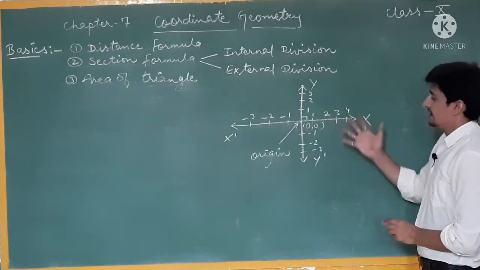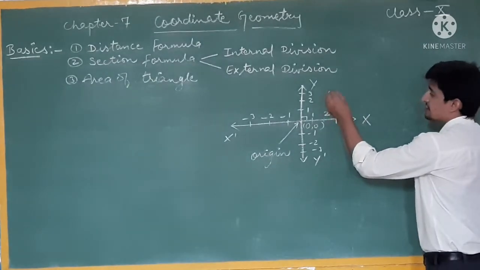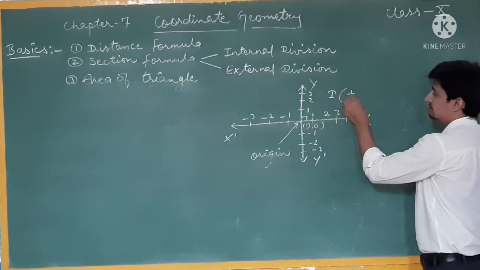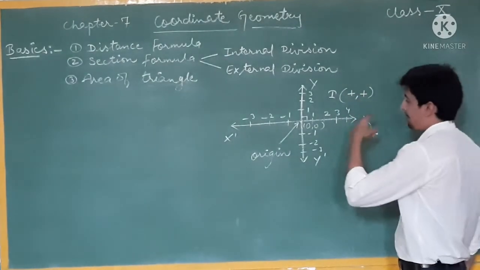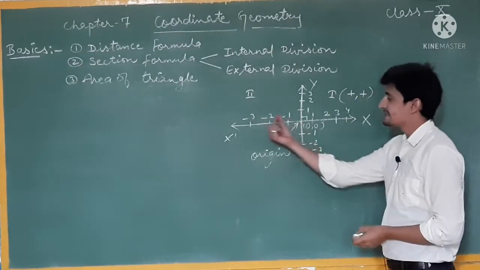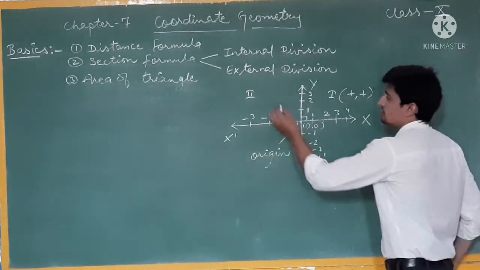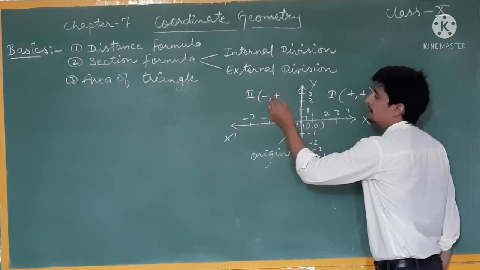Here we can say that we have 4 quadrants. In the first quadrant, the x-axis and y-axis values are both positive, so the coordinates will also be positive. But in the second quadrant, x is negative and y is positive, so the point will be minus, comma, plus.